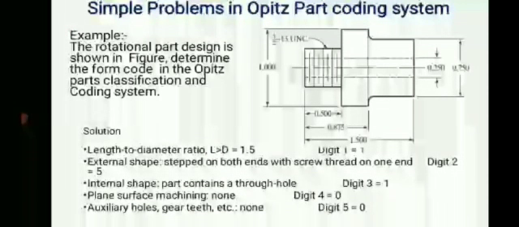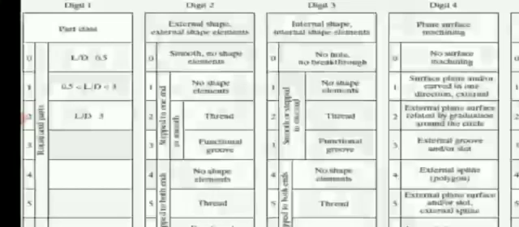Now we go to the second digit in the diagram. External shape: stepped on both ends with a screw thread at one end. Go to the form code tabulation. See this column, the digit 2 column. The first one is form code 0. What is given?